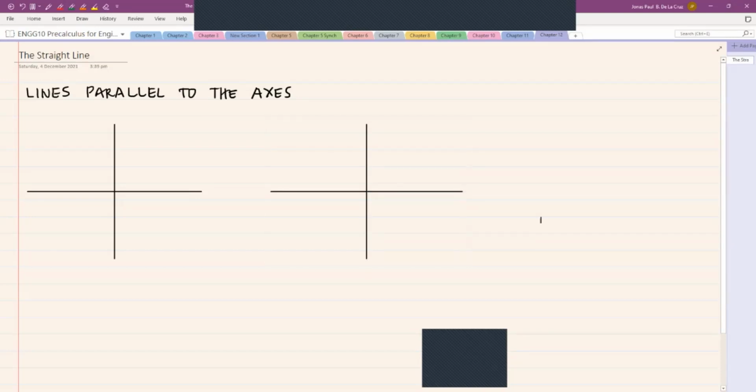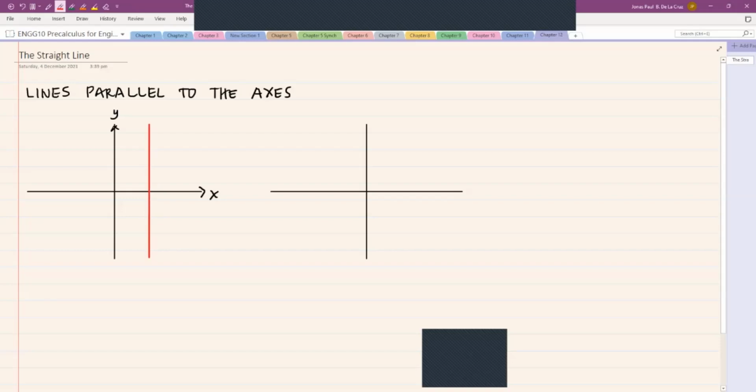In the first figure, we draw a line that is parallel to the y-axis first. Suppose we have a line that is parallel to the y-axis, assuming this is vertical.